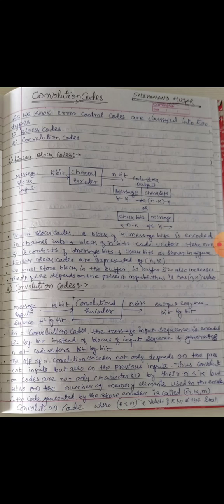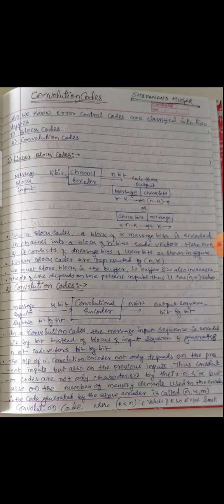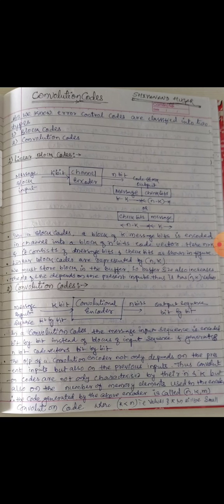What is the definition? Convolution codes take the inputs sequentially bit by bit and give the output sequentially bit by bit, and the output depends not only on the present but also on the previous inputs. And always remember, in a block code n is greater than k, and here k is less than n.